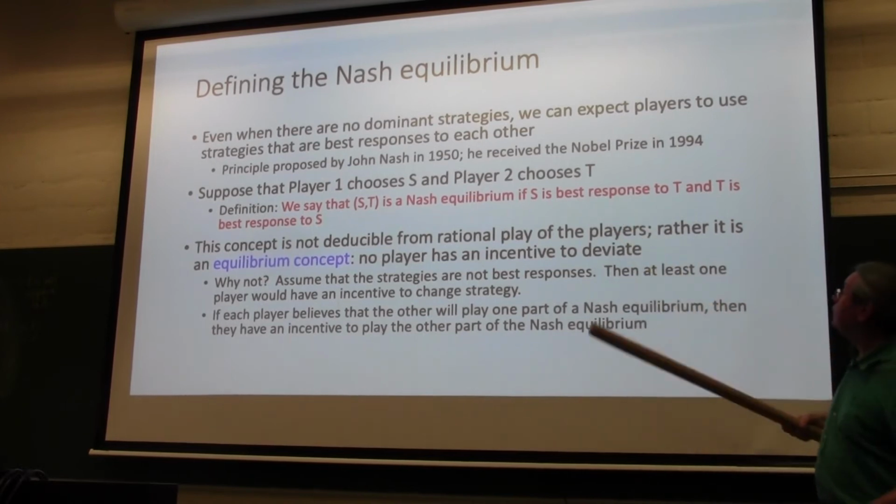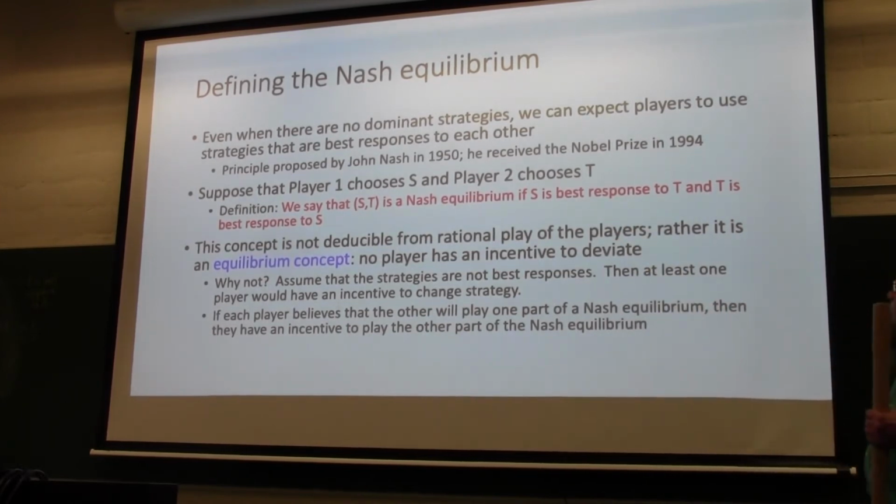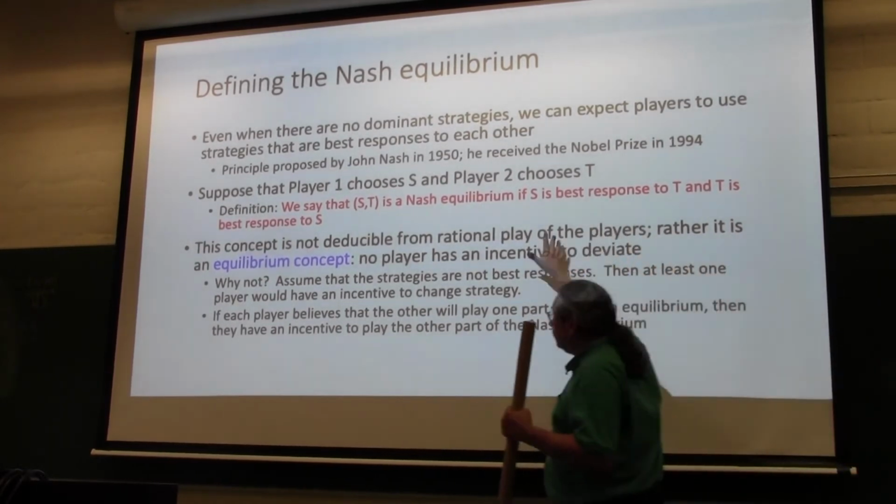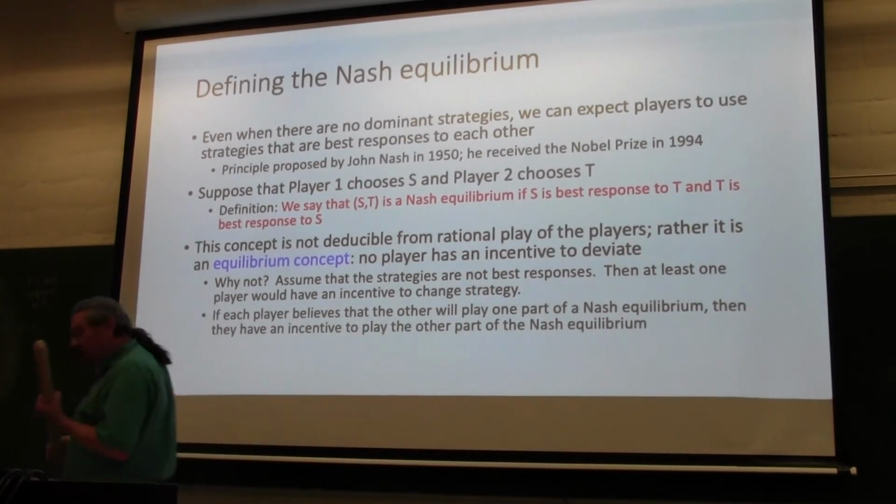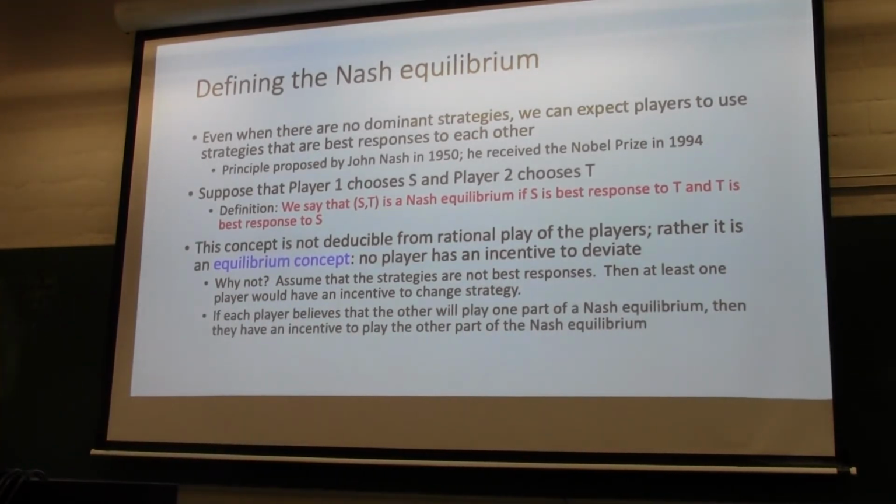They're best responses. So now we're getting beyond simple rationality. The idea that each player tries to be selfish by themselves doesn't work anymore. There's no dominant strategy, so the player has to think about the other player. So somehow they are being rational together, 1 and 2.